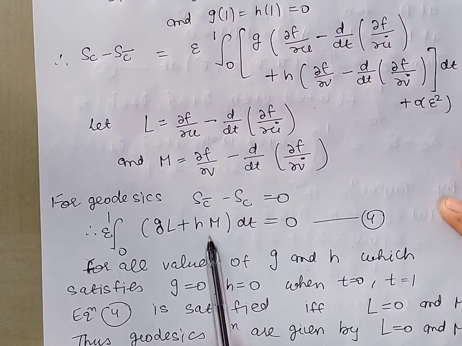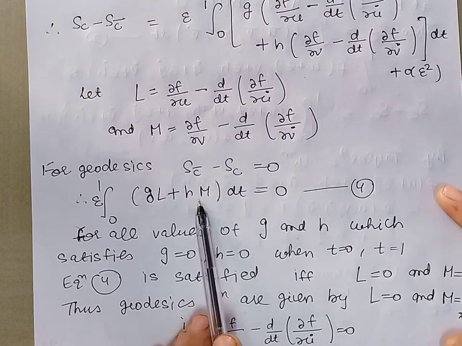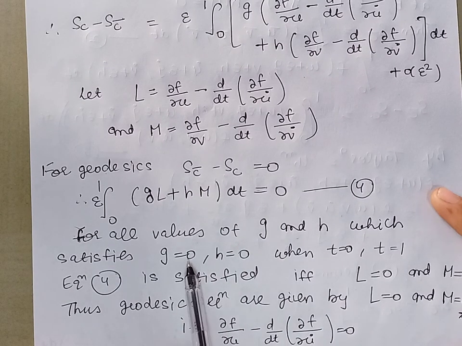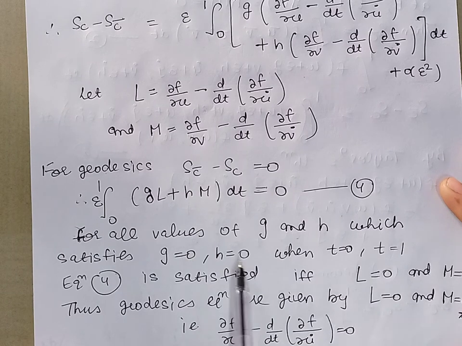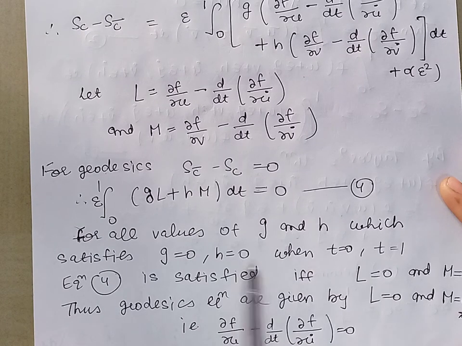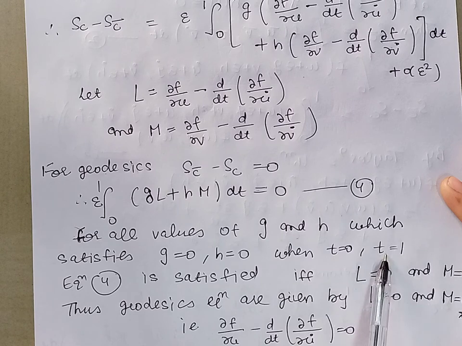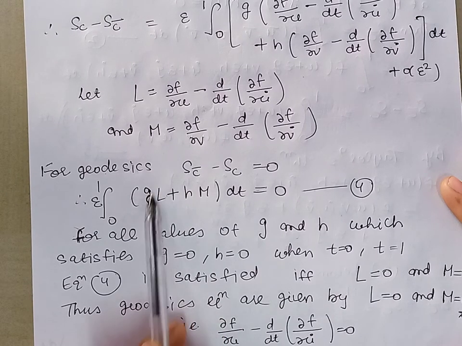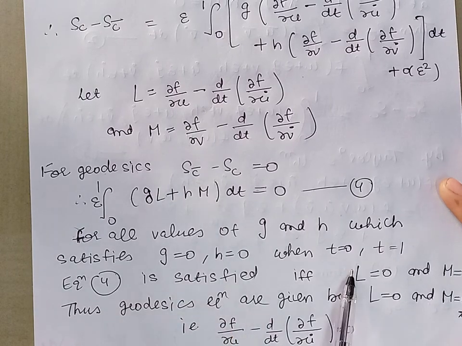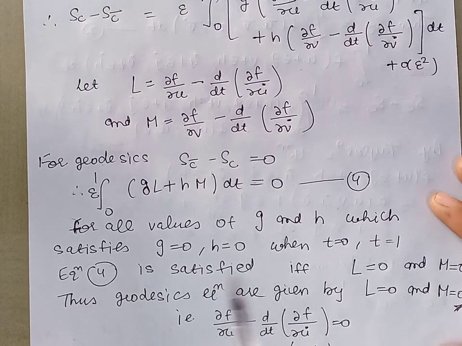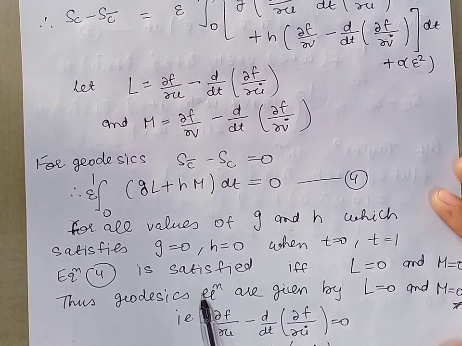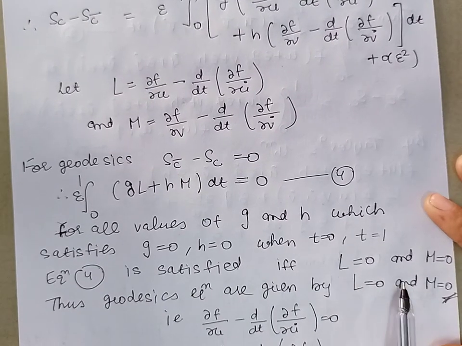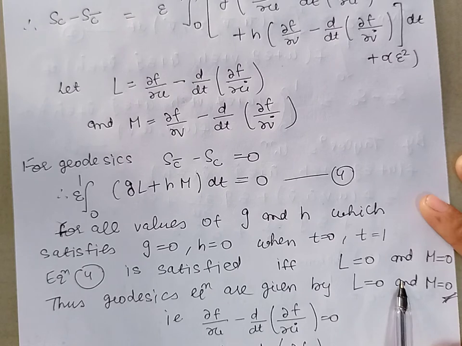Now for all the values of functions g and h which satisfy the conditions g equal to 0 and h equal to 0 when t is 0 and 1, this equation is satisfied if and only if L and M are 0, and thus we get the geodesics differential equations given by L equal to 0 and M equal to 0.